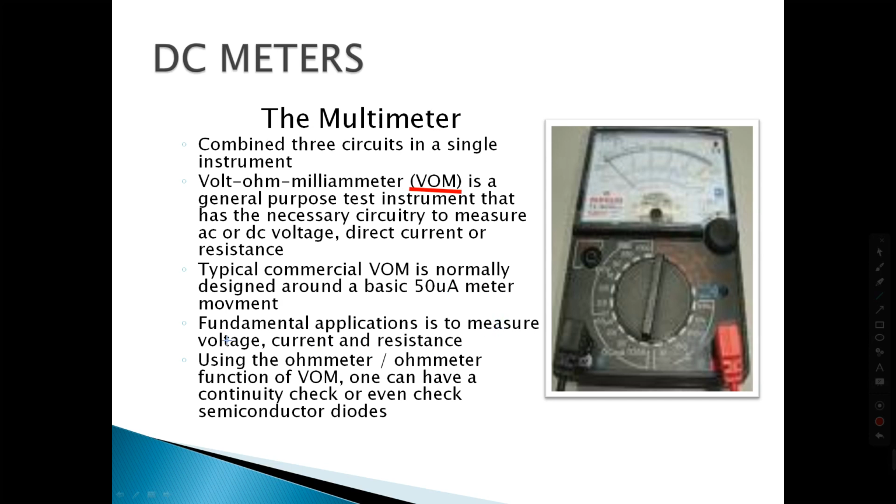So it can measure voltage, current, and of course resistance. As additional functions, it can be used in a continuity check to know if the line is open or shorted. It can also be used to check semiconductor diodes if they are faulty or not.